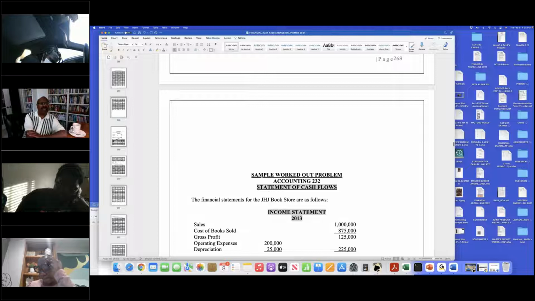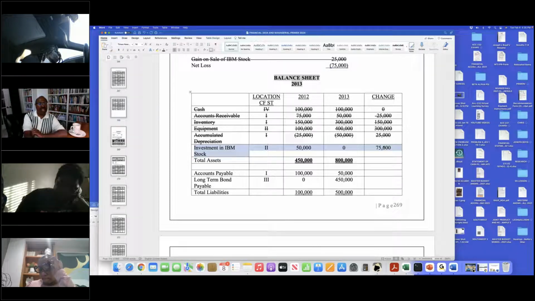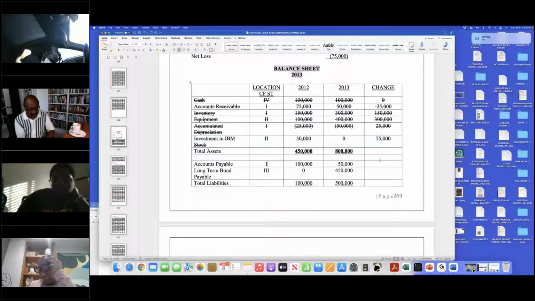Okay, so now we've taken care of that. Now let's go to the liabilities. Accounts payable went up by what? But went down by what? 50,000.